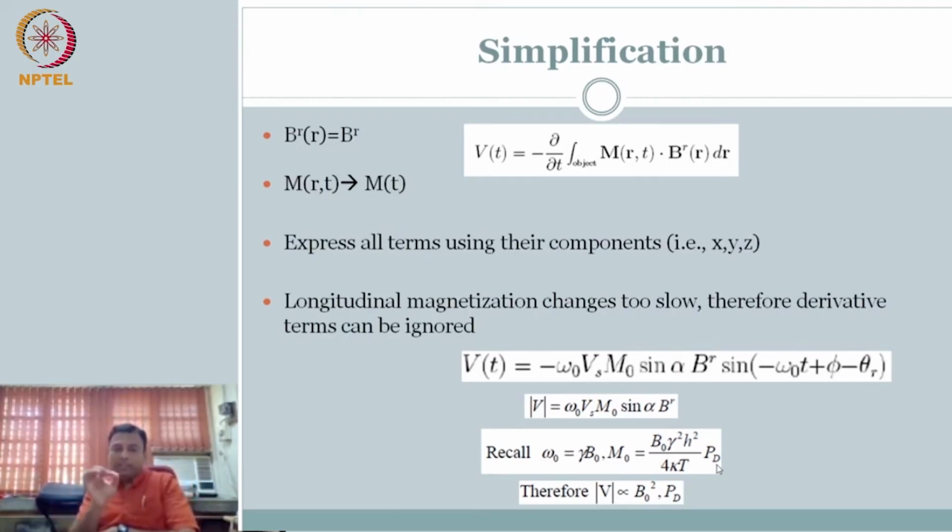So now you see the fundamental signal that you are recording in MRI, which is in voltage, is nothing but a sinusoidal signal. The strength of the signal is proportional to square of the magnetic field that you are using. Of course, if you are measuring it from a volume, if you increase the volume, right, you get more signal. But you know the challenge. Without talking much, we know the challenge.